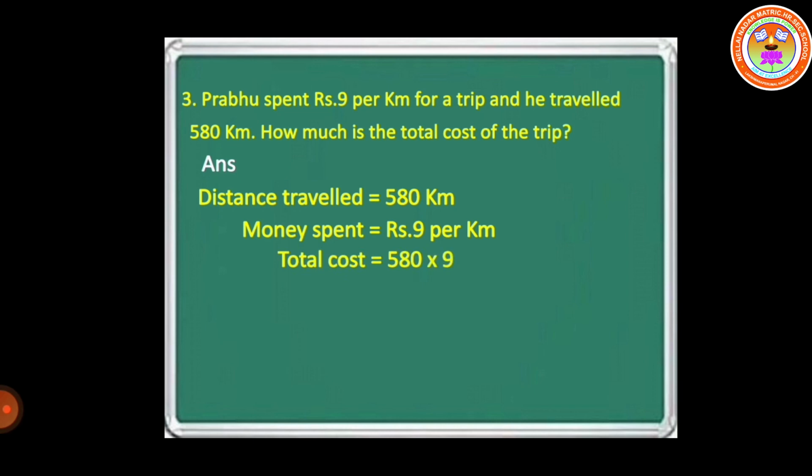So the total cost equal to the distance travelled multiplied by the money spent per kilometer. That is 580 into 9. So we get rupees 5220. So the total cost of the trip is rupees 5220.